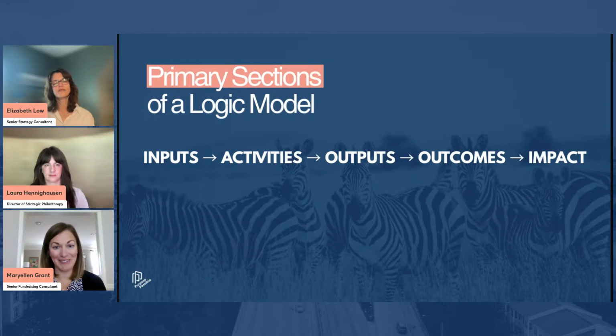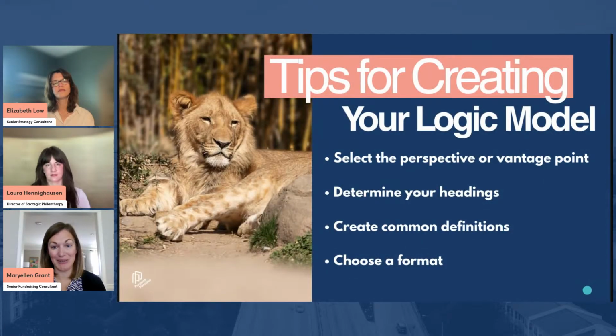All right, so next we're going into some tips. Before you get started, I find it's helpful to consider these 4 factors, particularly when you're working in a group. So first, kind of considering your vantage point. This really helps make sure that your storyline follows the same thread all the way through, from inputs to impact.